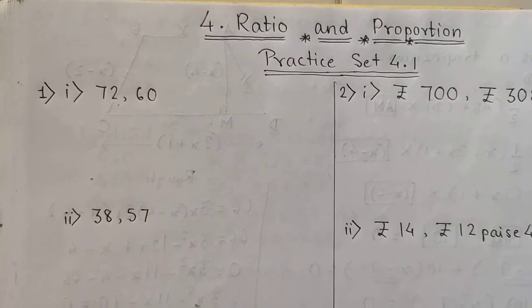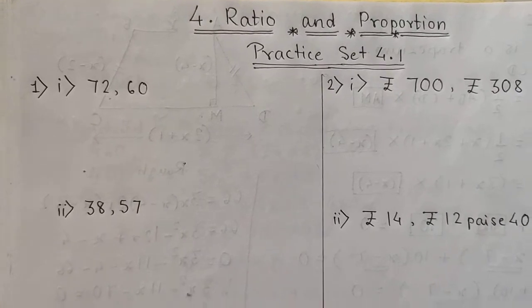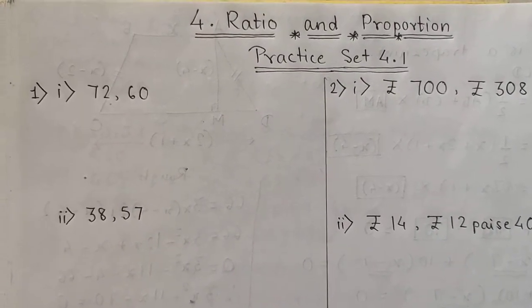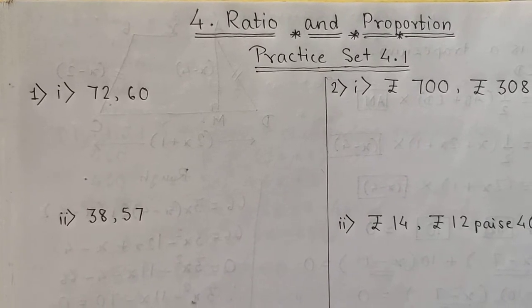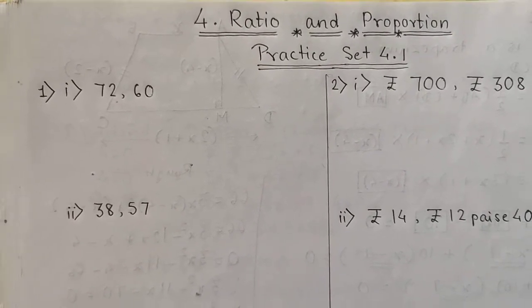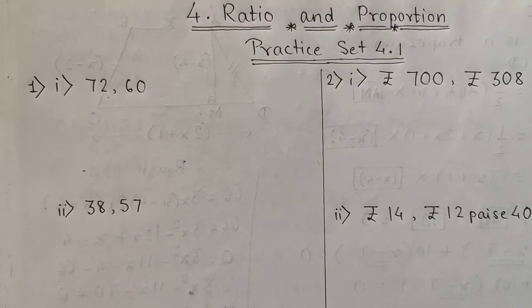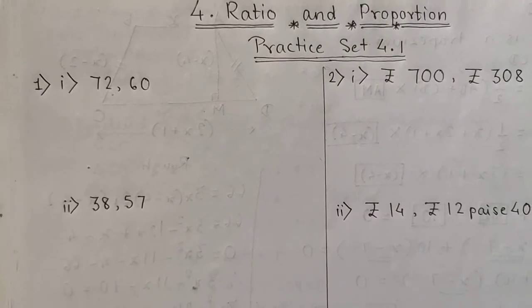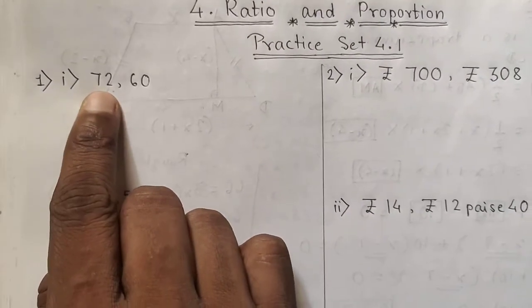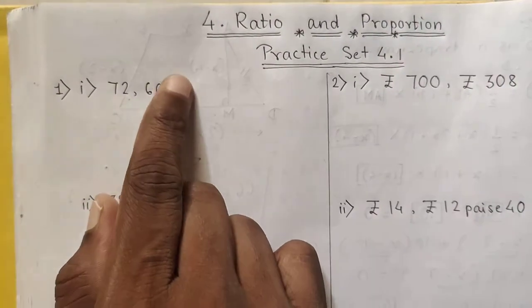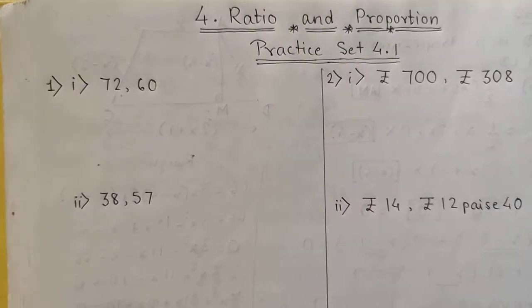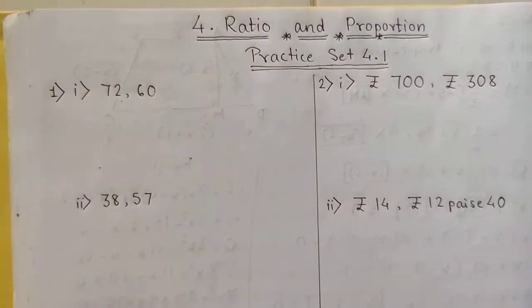In question number 1, you have to find the ratio of the first number to the second number from the given pairs of numbers in the reduced form. That means you have to find the ratio of the first number with the second number, and also reduce the ratio. So let us solve this.